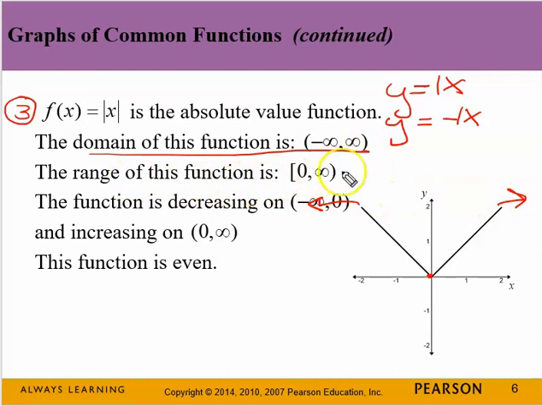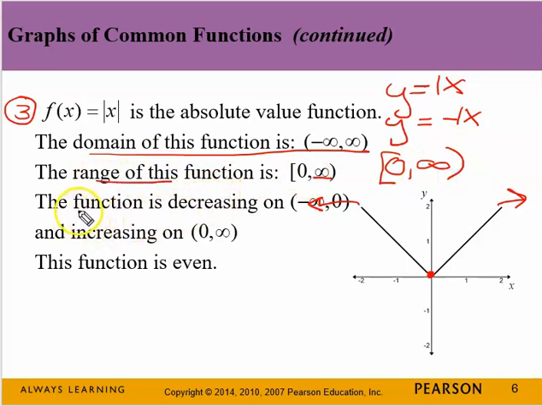Now, what's the range? This is y values. Well, we know it's starting at 0, and then these will be going up to positive infinity. So since 0 is included as a specific point, we use a bracket, comma, positive infinity for the range.